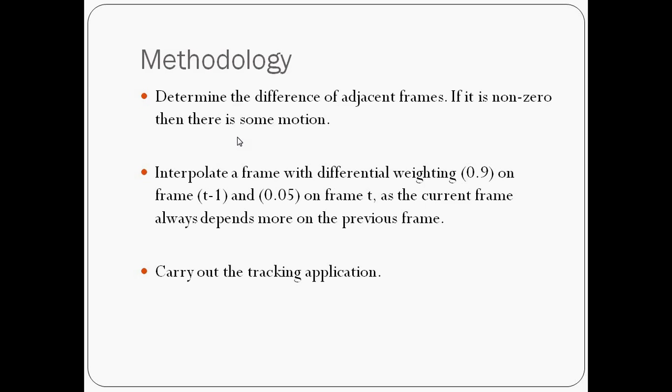That is why the ratio is so acute between the previous frame and the next frame. And after that, we carry out the tracking application according to the methodology defined earlier.